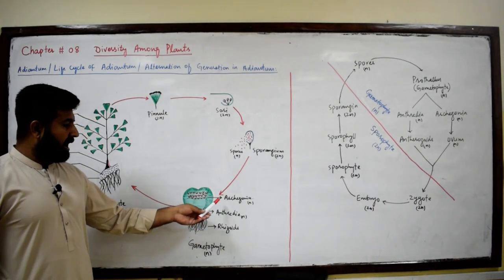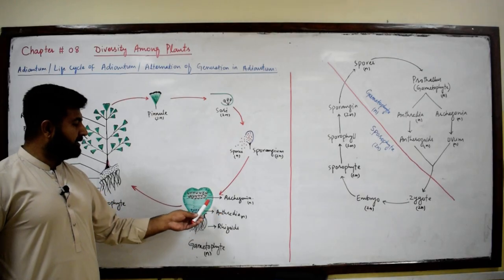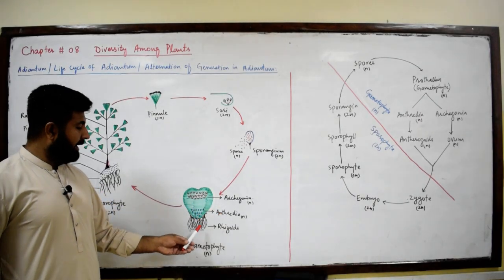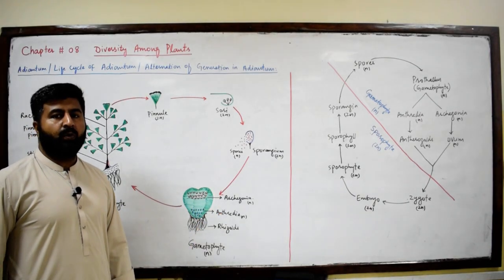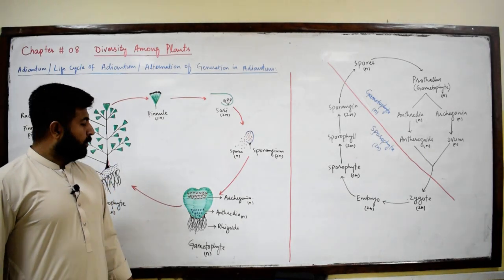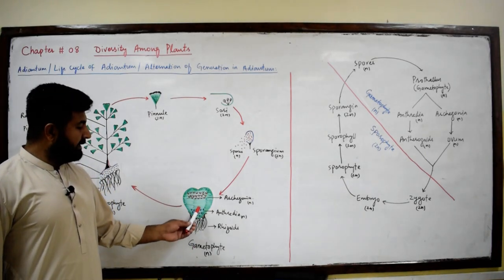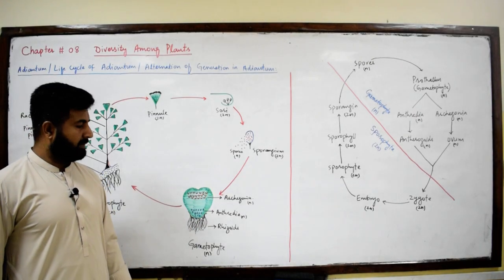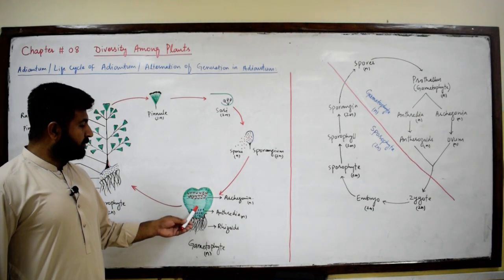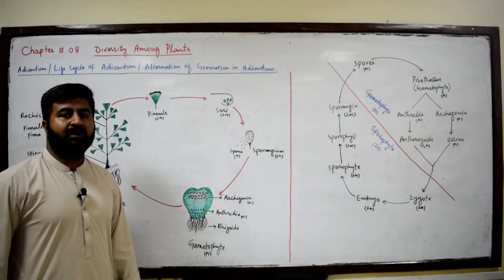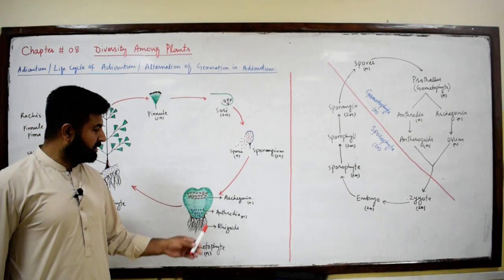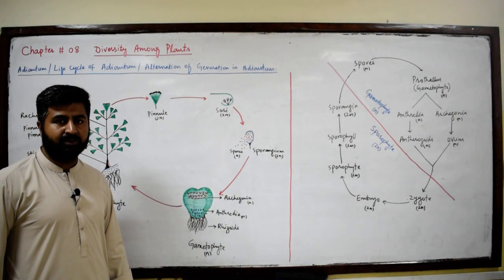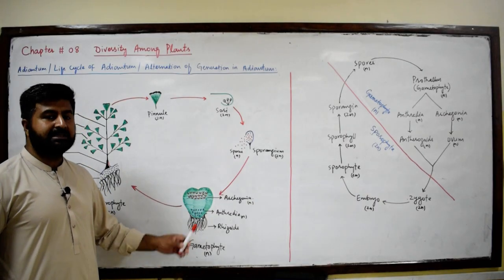It bears archegonia and antheridia on the dorsal surface and rhizoids on the ventral surface. When water is available, the antheridia produce sperms and archegonia produce ovum. The sperm swim towards the archegonia in water in response to a sweetish fluid secreted by the archegonia and fertilize the ovum.